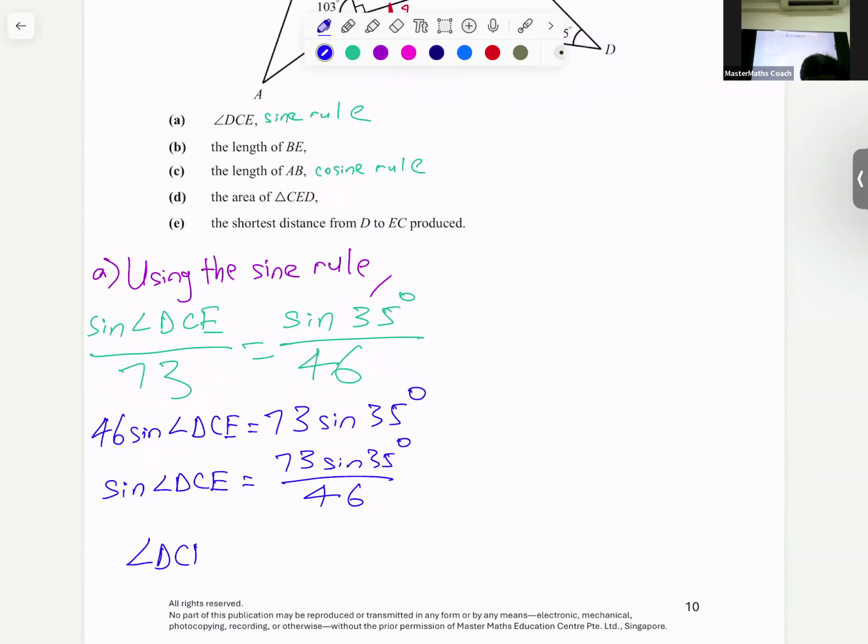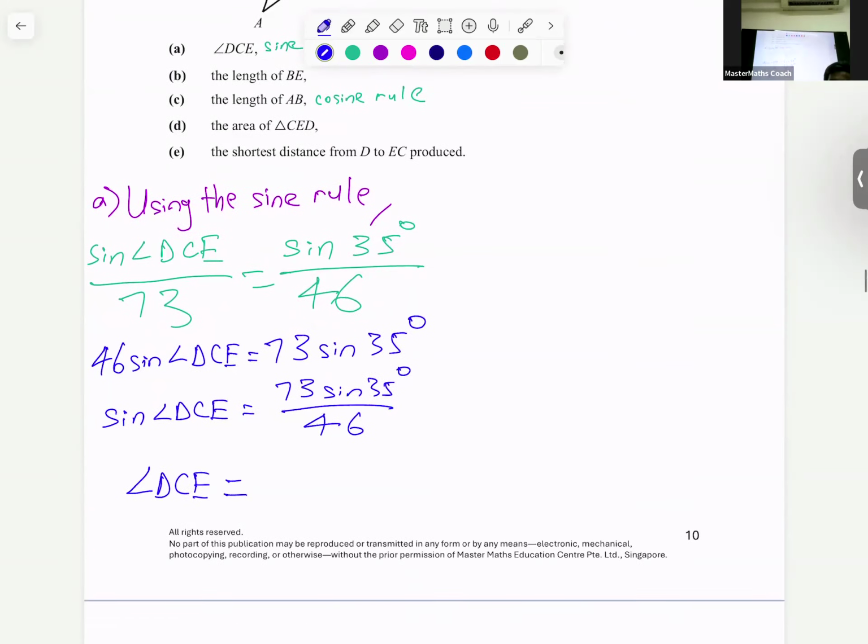And angle DCE. Okay, the sine, go to the other side, what does it become? Sine inverse. Okay, we say sine inverse.